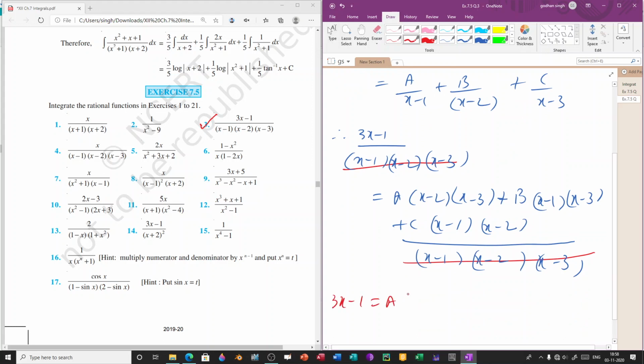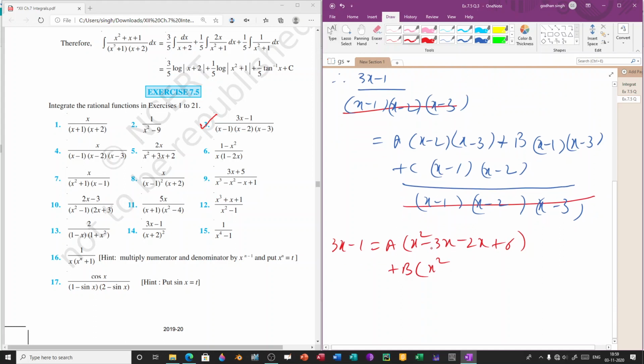equal to A into, just simplifying it here, we will be getting x square, then minus 3x minus 2x, this will become plus 6, then plus B into x square minus 3x minus x plus 3, then plus C into x square minus 2x minus x plus 2.